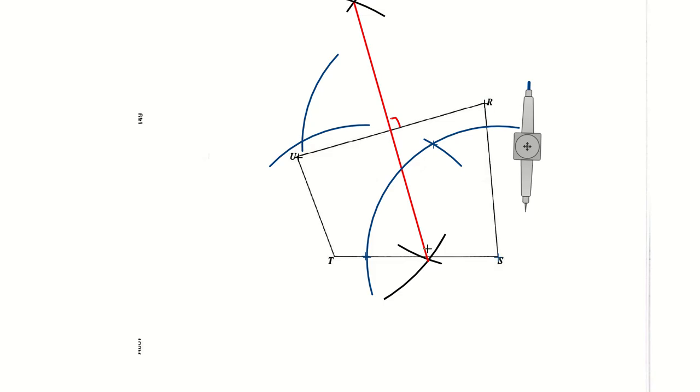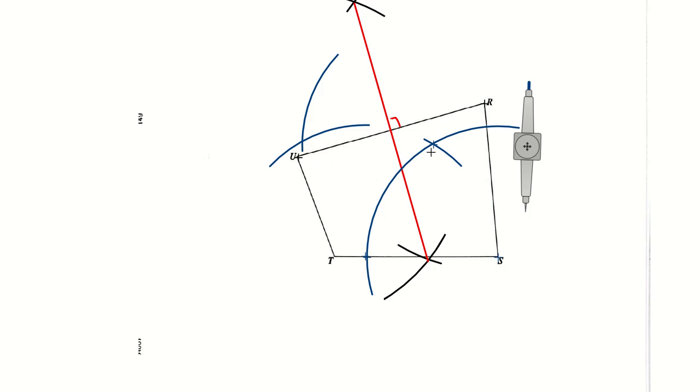Then you take your pointy part and put it where it intersected ST, and draw a next arc that intersects that first arc you drew. That is 60 degrees. And then where that intersected, you're going to put the pointy part and draw an arc at the outer part. And you do the same thing with this. Do you remember your pointy part had to go here?